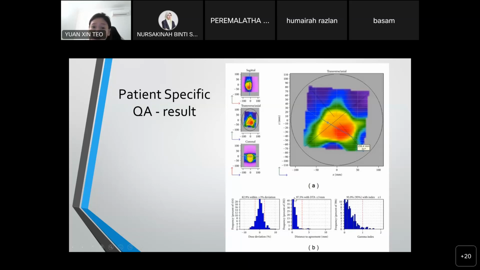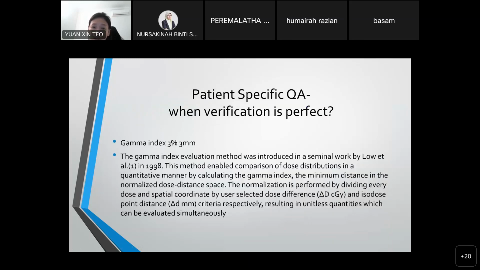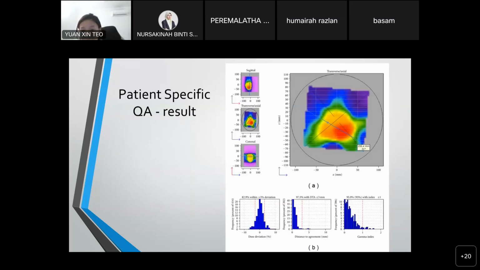Normally we will accept the result if you have the results combined all more than 95%. In your software settings you will need to set what the passing criteria is.